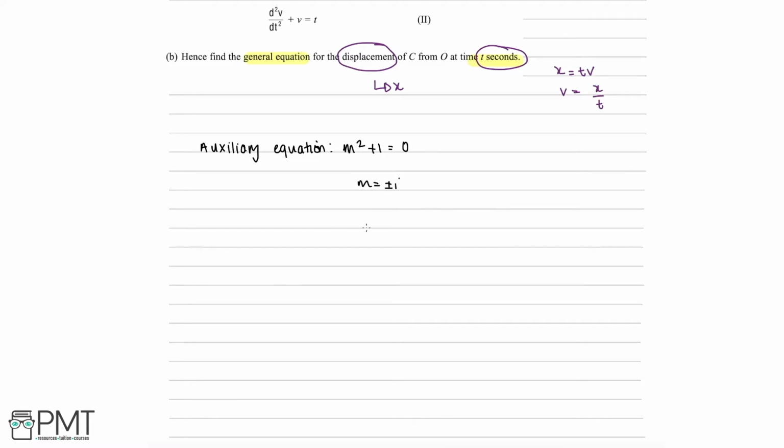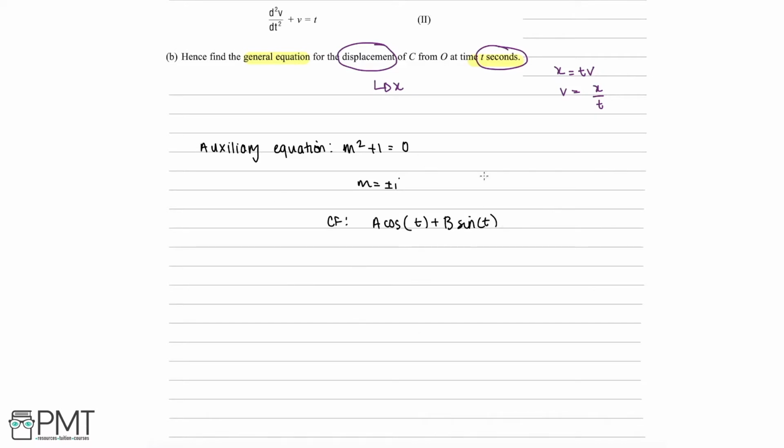Well, if m is equal to plus or minus i, we know that our complementary function will then look something like this. e to the power of the real part, well, the real part is 0, so it will just be e to the power of 0, which is just 1. So it will just be 1 multiplied by a cos the coefficient of the imaginary part, which is just 1, so it will just be t, plus b sine t. So thus we know our complementary function.